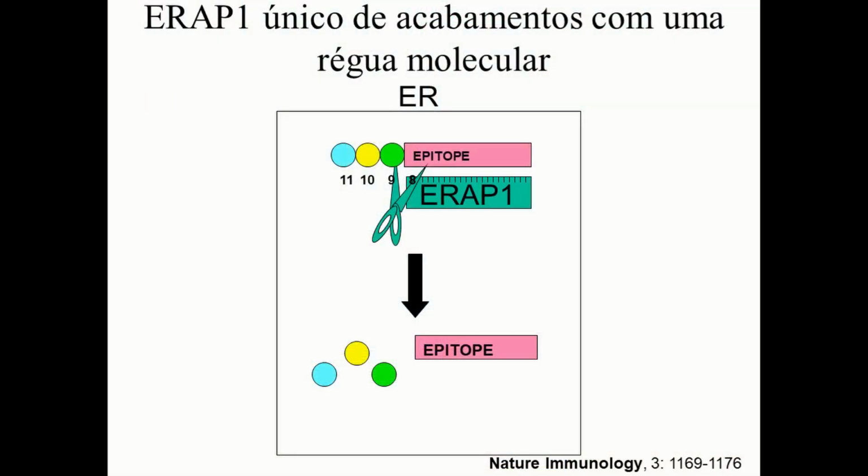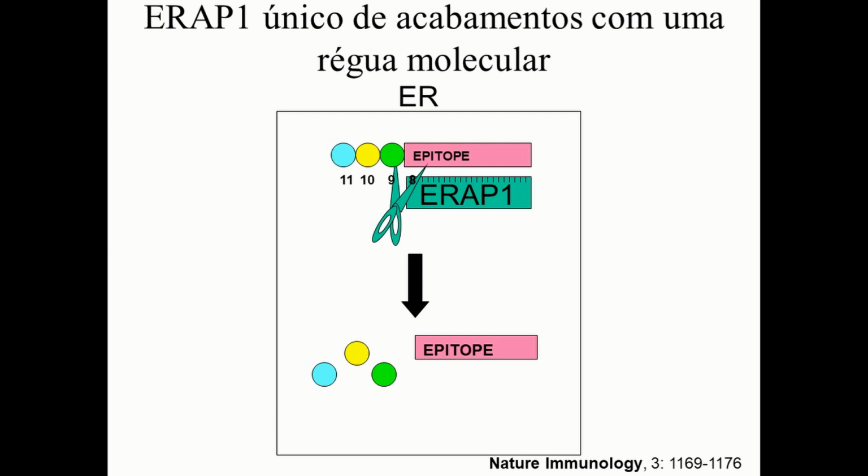Now, another aspect of ERAP1 that is very unique and very interesting is that it's able to trim peptides using a molecular ruler. And what I mean by this is, if we take a peptide that's got extra N-terminal residues, where this is an 8 residue peptide, which would be a mouse epitope, this enzyme is capable of trimming, taking off 11, 10, 9, but when it gets down to 9 or 8 residues, it slows or stops.